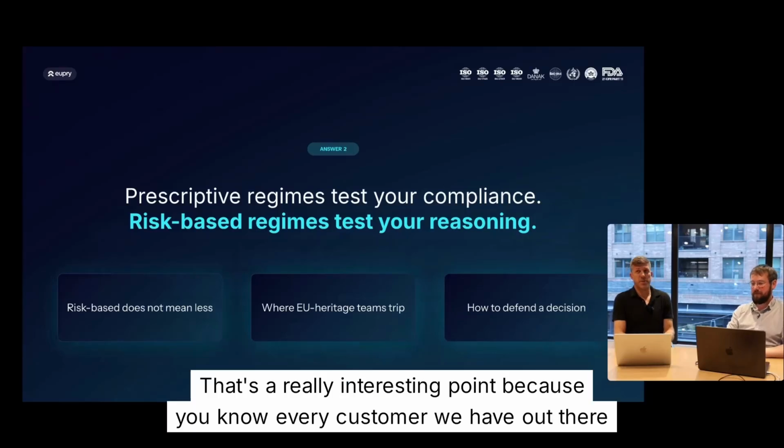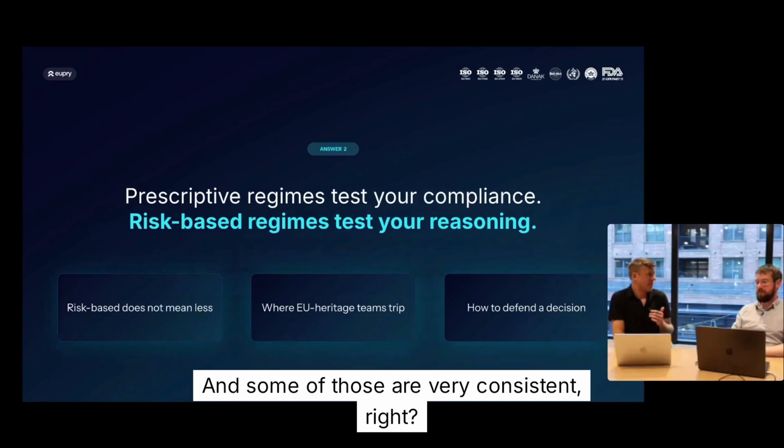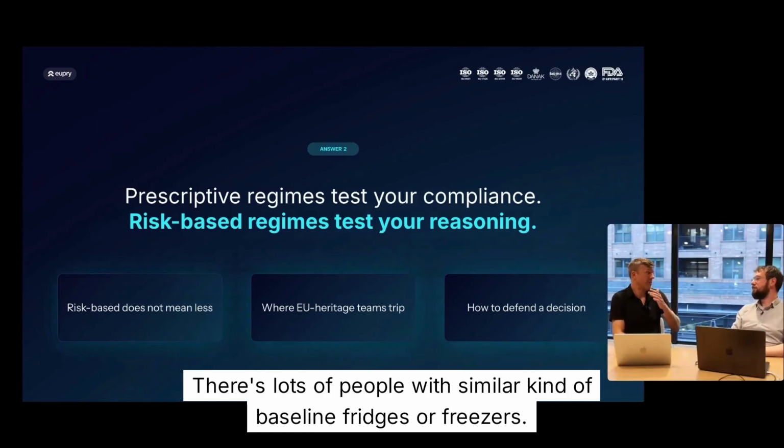Yeah, that's a really interesting point, because every customer we have out there has a variety of equipment and a variety of challenges, and some of those are very consistent, right? There are lots of people with Eupry loggers, lots of people with similar baseline fridges or freezers.